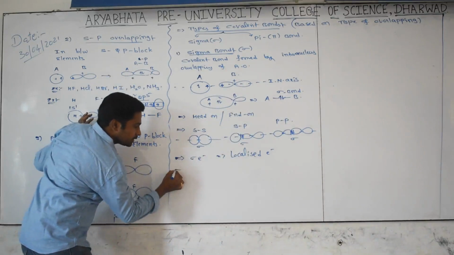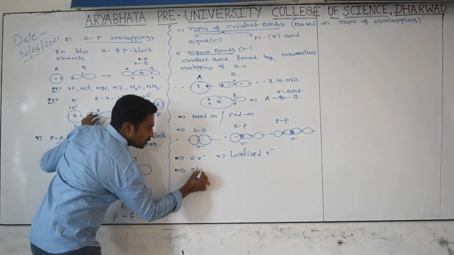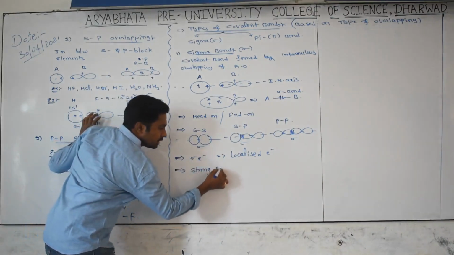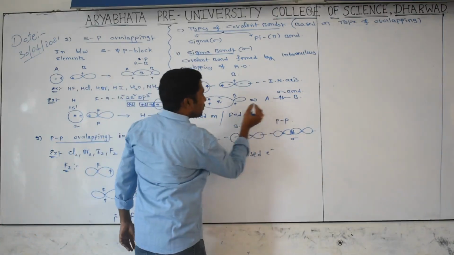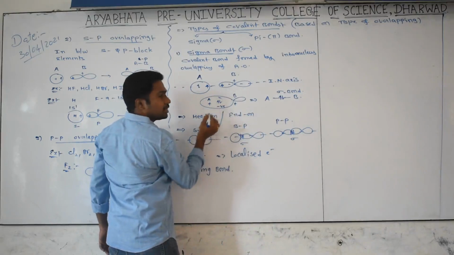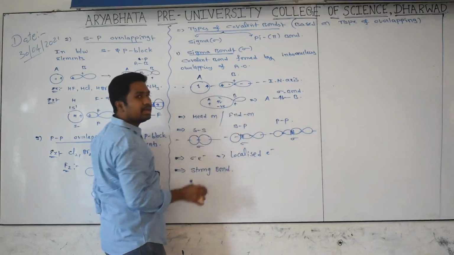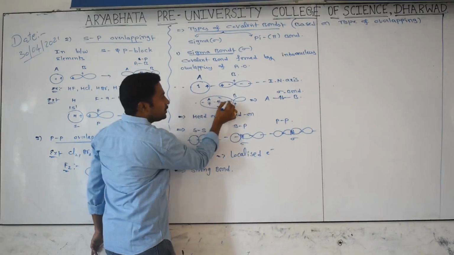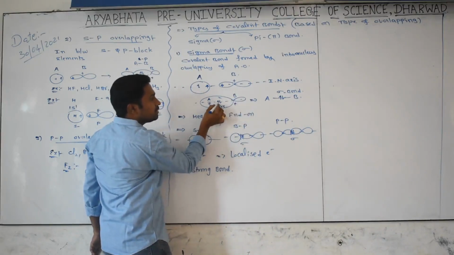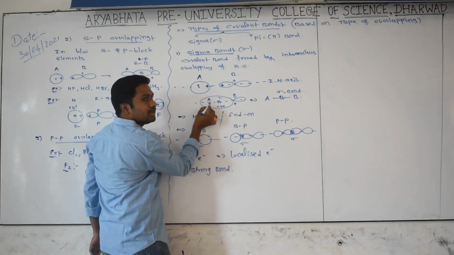I am telling you the sigma bond is a strong bond. Are you agreeing or not? Sir, why? Okay, in the case of a sigma bond, the electrons carry a negative charge and the nuclei carry a positive charge. The electrons lie on the internuclear axis, so the distance between electrons and nuclei will be less.